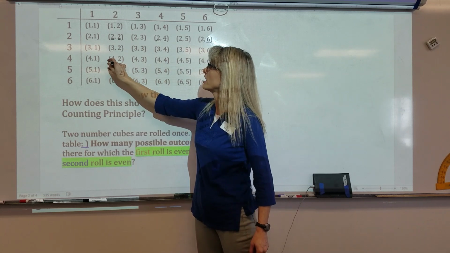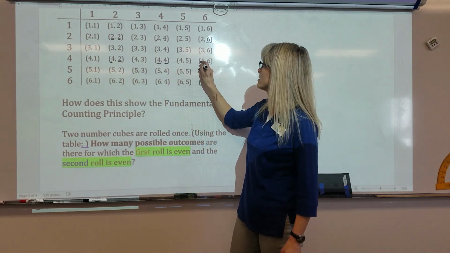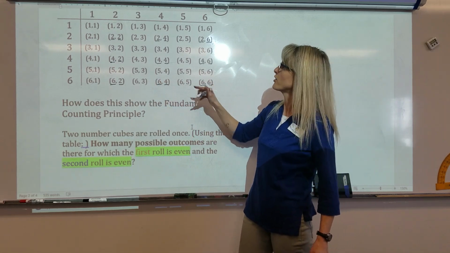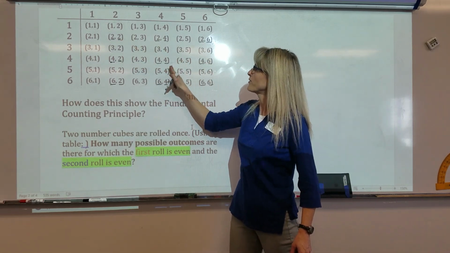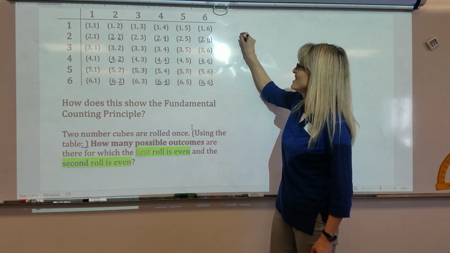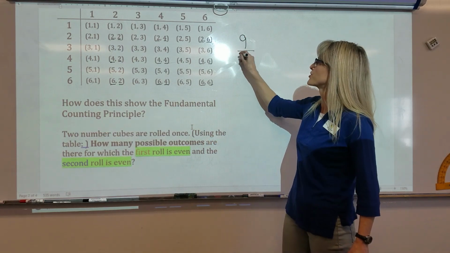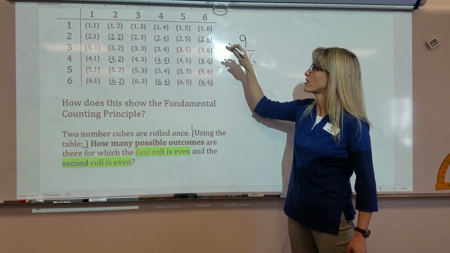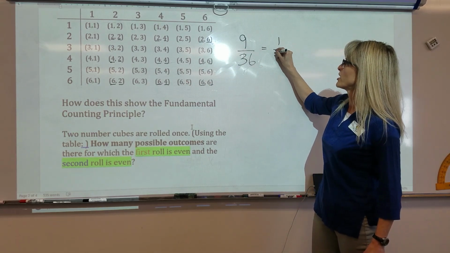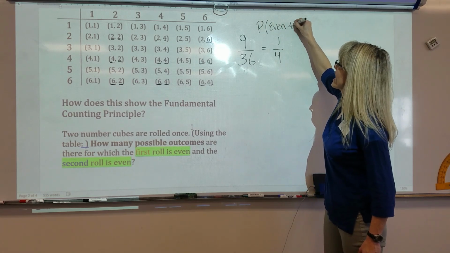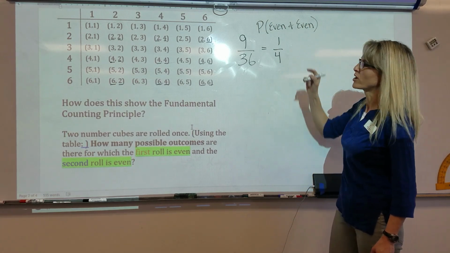Those are odds. Even, even, even, even, even, even, even, even, even, even, even. Okay, 1, 2, 3, 4, 5, 6, 7, 8, 9. There are 9 even out of a total of 36 possible outcomes. That reduces to 1/4. So I would say the probability of rolling an even and an even is 1/4.